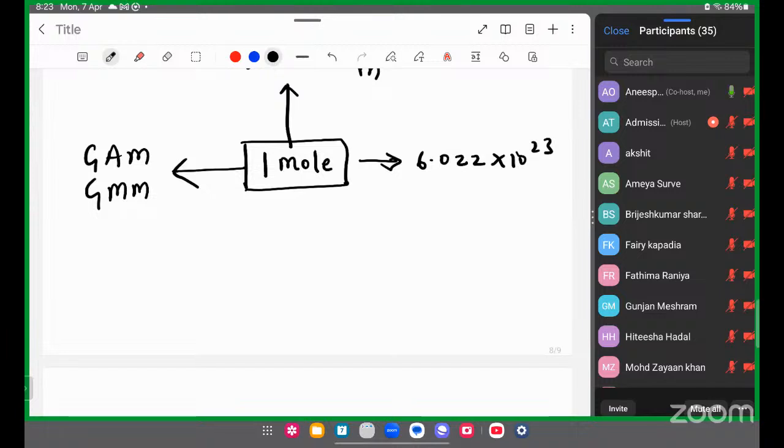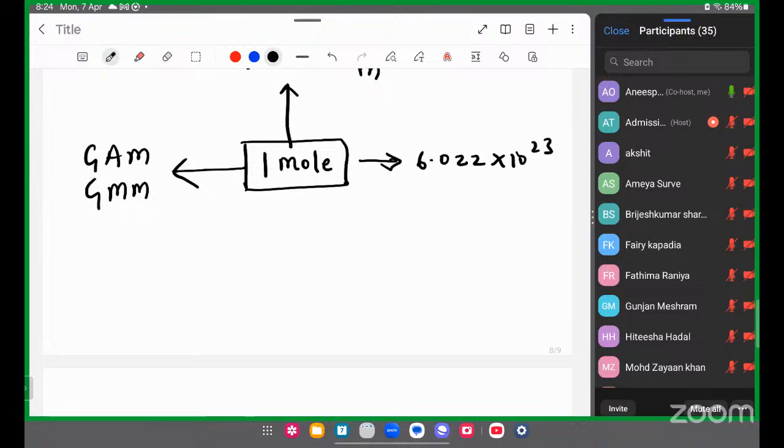So if you are taking atomic mass in grams, it will work as mole, right? And if you are taking atomic mass in AMU, then it will be simply atomic mass. So again, read the question carefully. Is it gram atomic mass or simple atomic mass?